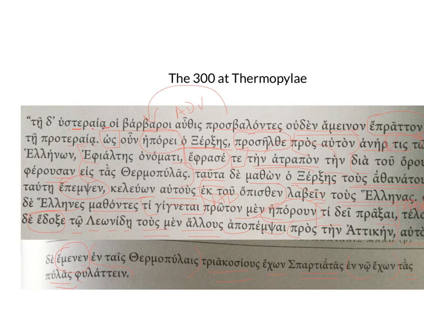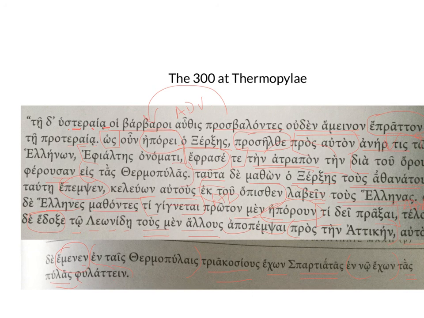Tauta mathon, having learned these things, Xerxes tus athanatus, taute epempsen. Xerxes, having learned these things, sent the immortals there, keleuon tus, ordering them, labein ek tu opisthen tus Hellenas, ordering them to take the Greeks from behind. Hoi Hellenes mathantes ti gignetai, the Greeks, having learned what happened, proton, at first, eporun, were at a loss, ti de prakteon, as to what it was necessary to do. They didn't know what to do.